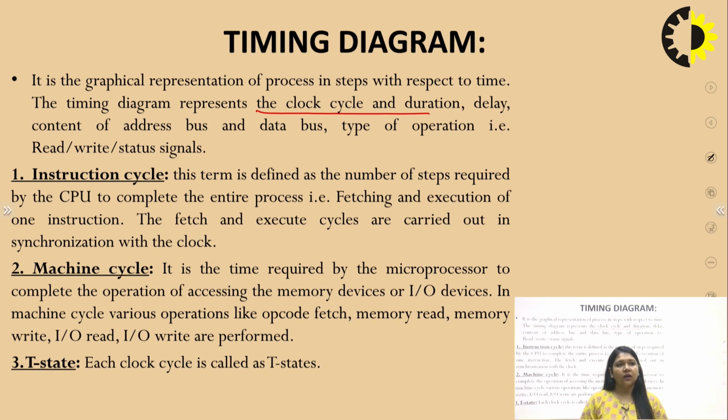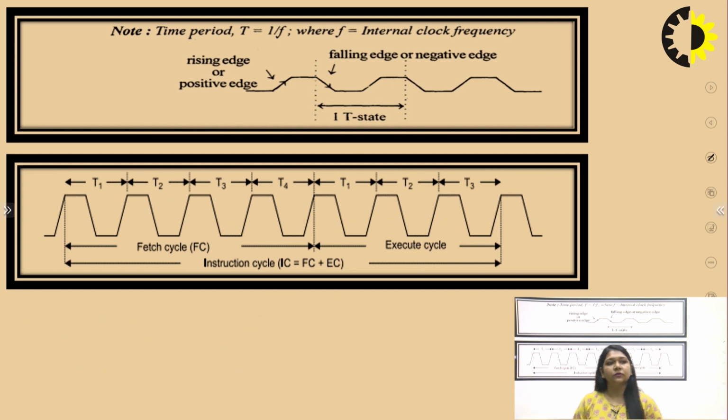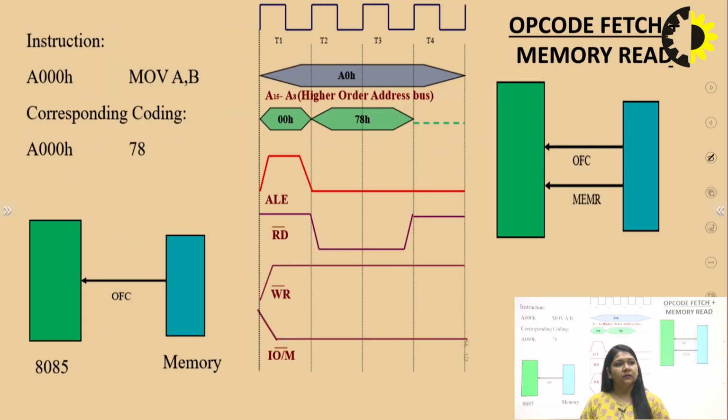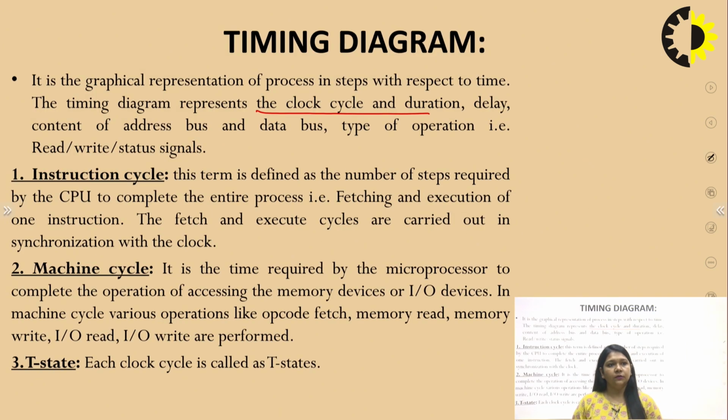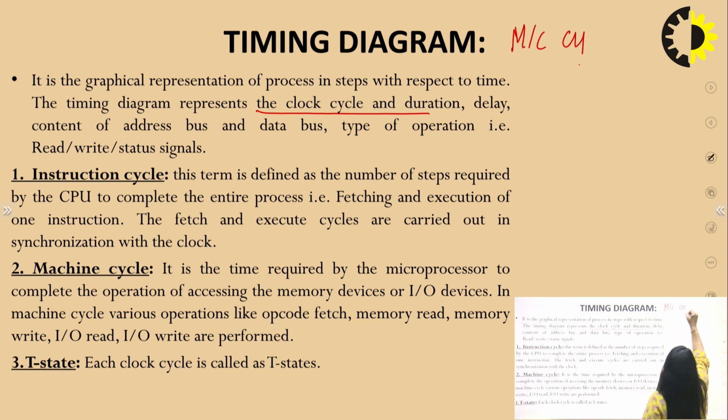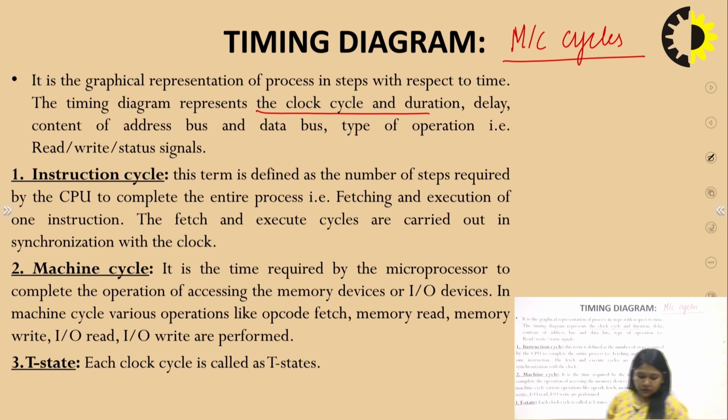So first of all, before going further into the timing diagram, I just want to tell you something about the machine cycle. Machine cycle is generally the time required by the microprocessor to complete one task.